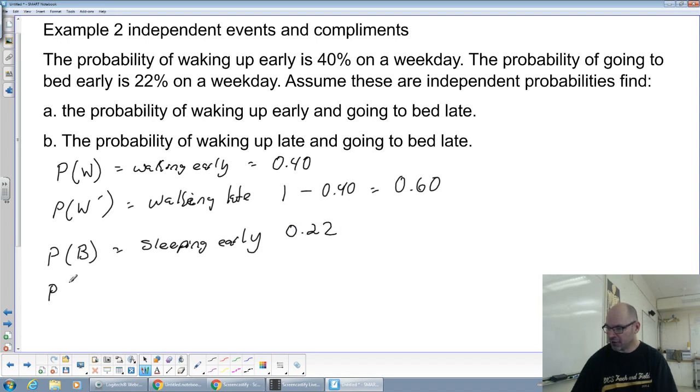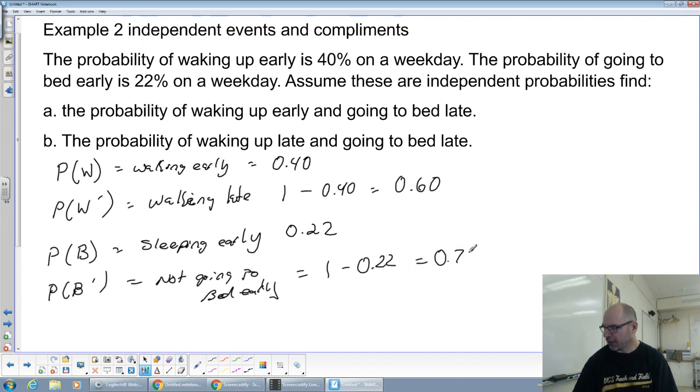The probability of staying up late or not going to bed early, that's 1 minus 0.22, so equals 0.78. Okay, so there's our probabilities. And now we can just use the independent formula.